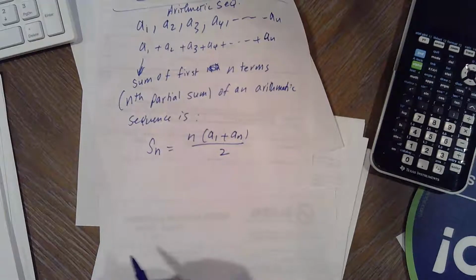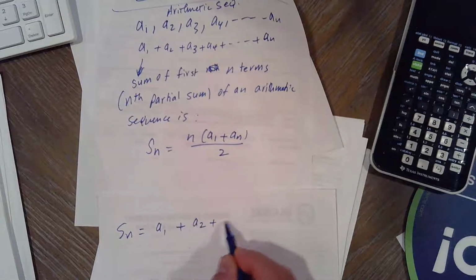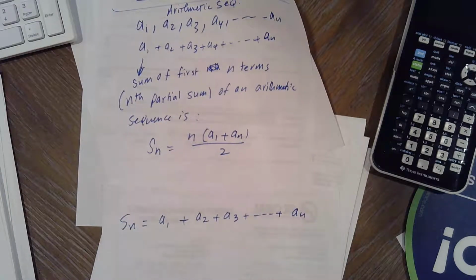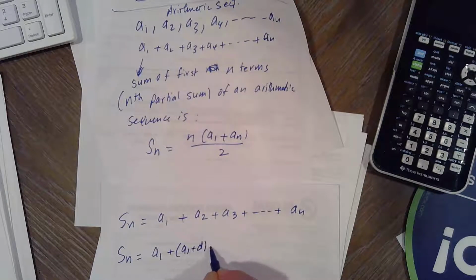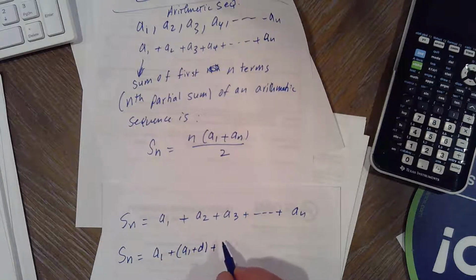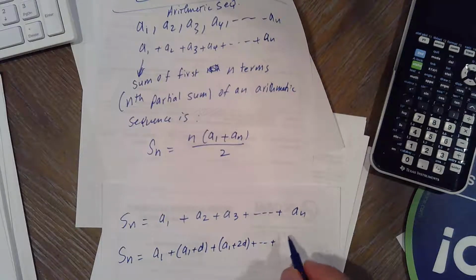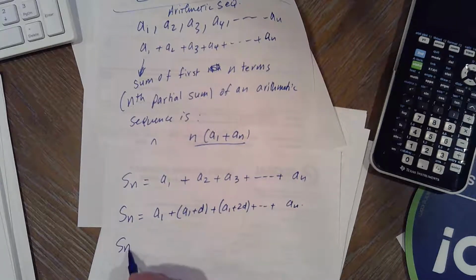Remember, Sn is a1 plus a2 plus a3 plus up to an. Let's write it in two different ways. Let's write it as a1, and a2, which is a1 plus 1 common difference, a3 is a1 plus 2 common differences, and the last one is just an. And then write it backwards.